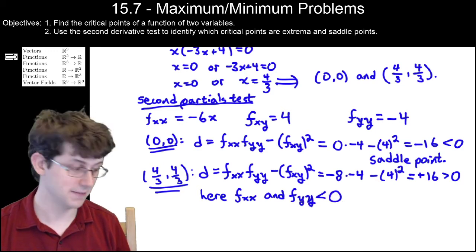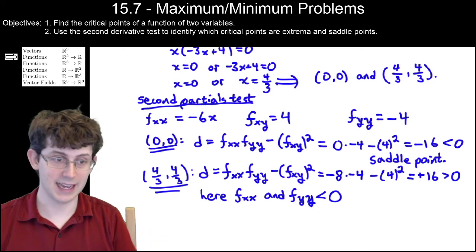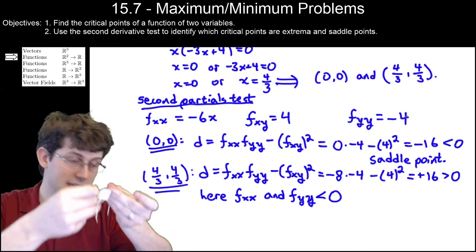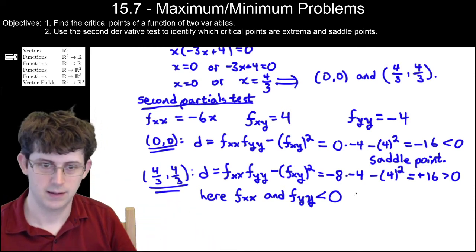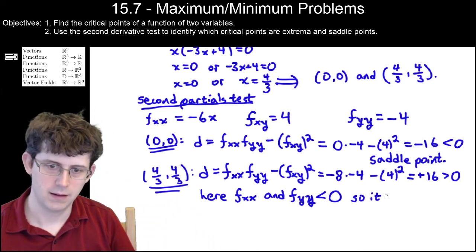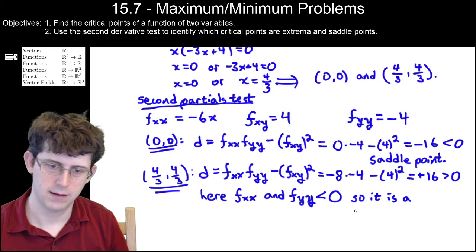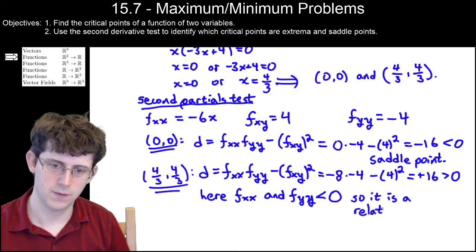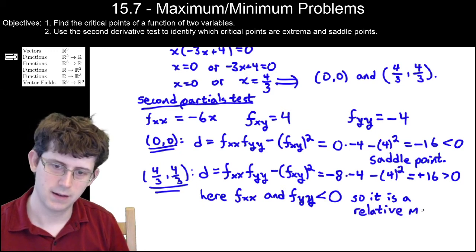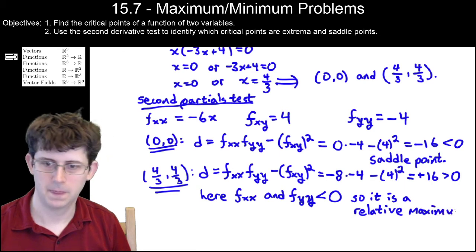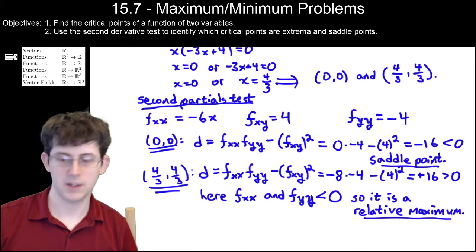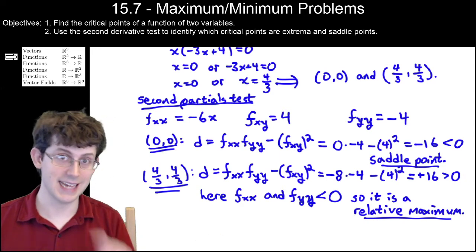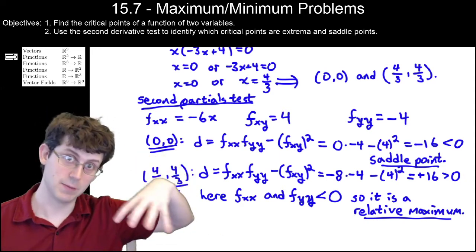They're both negative. fxx being negative and fyy being negative mean that the picture looks like this, so it's a maximum. It's a relative maximum. So whatever's going on with this surface, it's got a saddle at (0, 0) and a relative maximum at (4/3, 4/3).